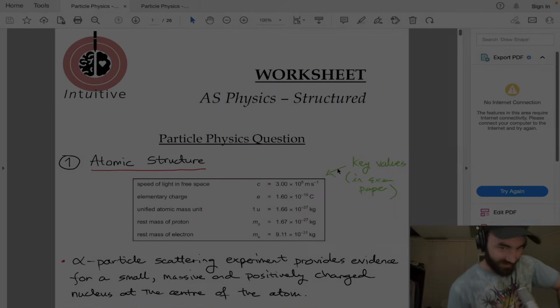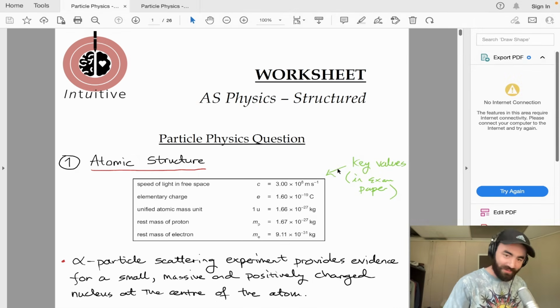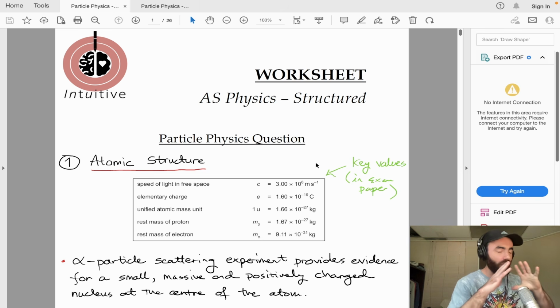Right, so let's talk about this slippery topic. Particle physics. As an overview idea, what we're saying is that to understand reality or the universe, we need to look deeper into it and split it up into smaller and smaller observable parts.